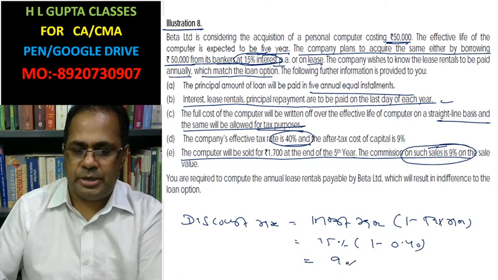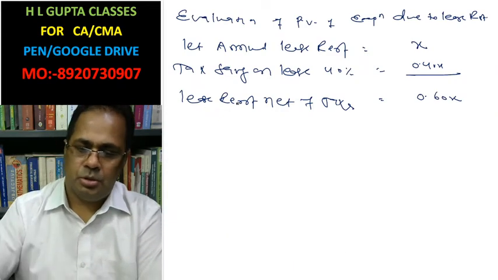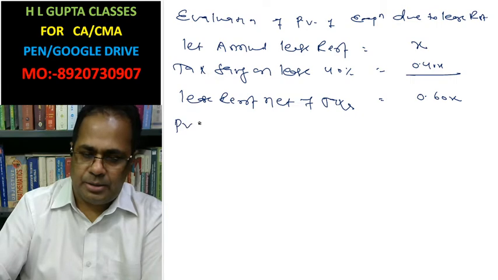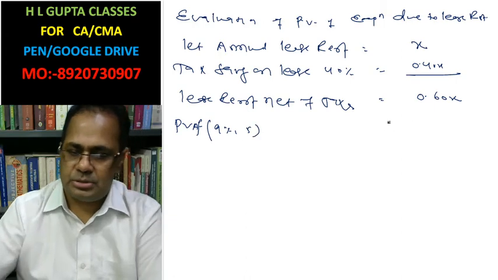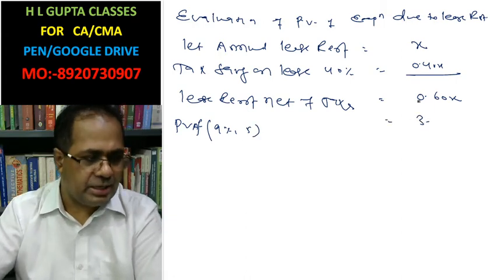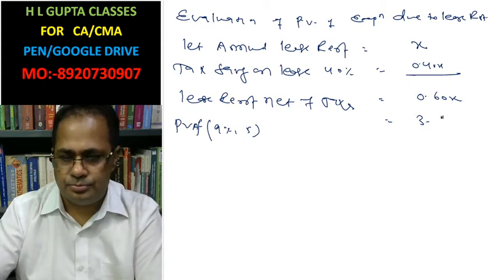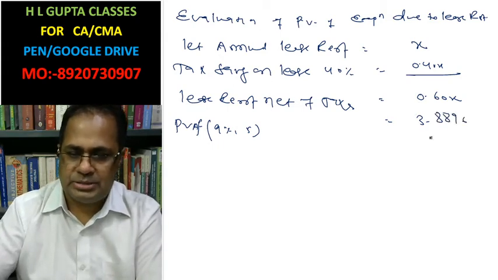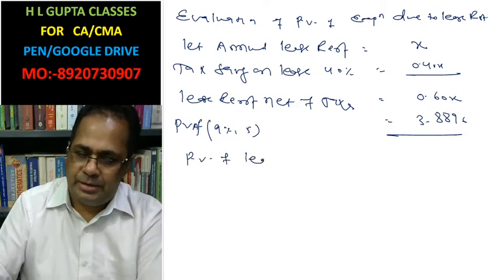This is 9%. The discount rate is 9%. The present value annuity factor for 9%, 5 years is 3.8896.